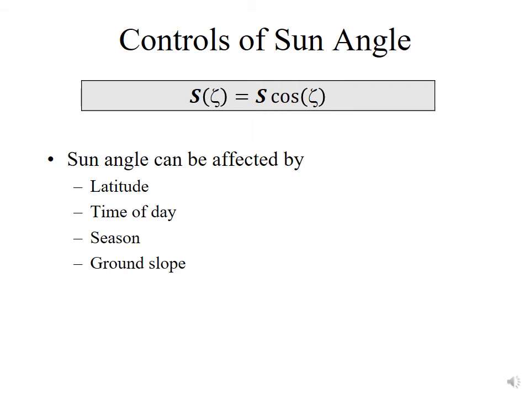And of course, for a zenith angle of 90, the cosine goes to 0, and you would essentially get no flux at the surface. And that sun angle can be affected by latitude, by time of day, by season, and by the slope of the ground.